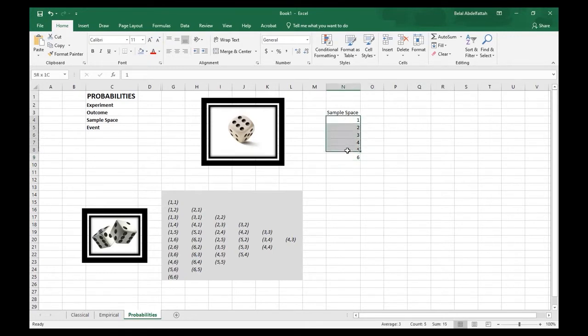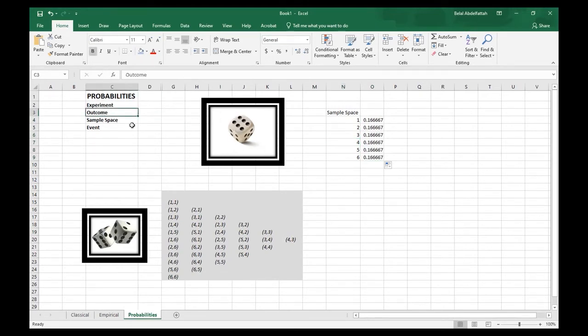Because we have a total of six and we want to compute the probability for each one of them, we know it's going to be 1 over 6. So they all have about a 16.7% chance of being selected, or being face up. Now, in this experiment, we're dealing with a die.